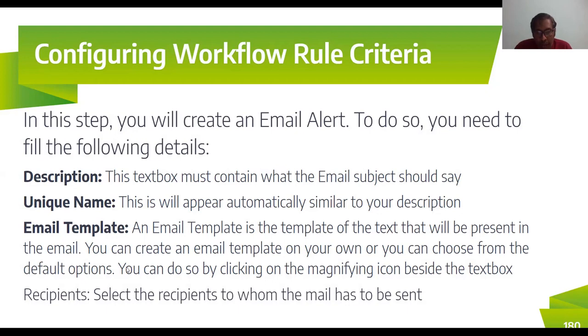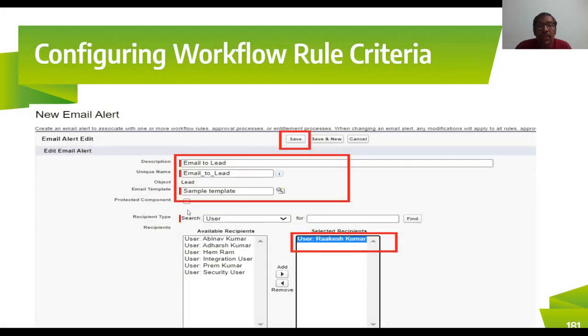There you're going to type the body of the letter, and then the recipient. You can select the recipient by clicking on the magnifier icon, right? So once it is done, see here, like this, you're going to enter the description, the unique name you get, then the object name will be shown, and an email template in case you already have it, you can specify, right?